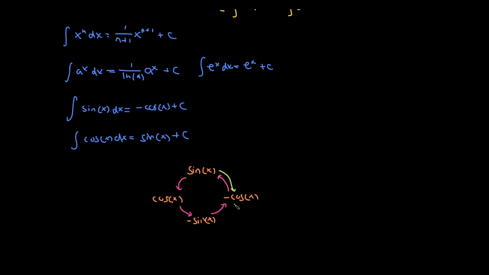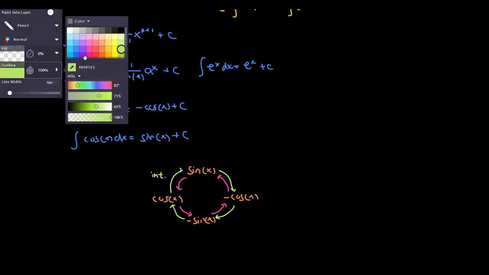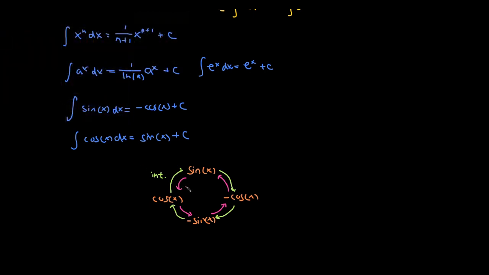Take the integral of negative cosine, it gives me negative sine. Negative sine becomes just regular cosine, and then cosine becomes sine, right? So this is integrating, and the other way is differentiating, like that.